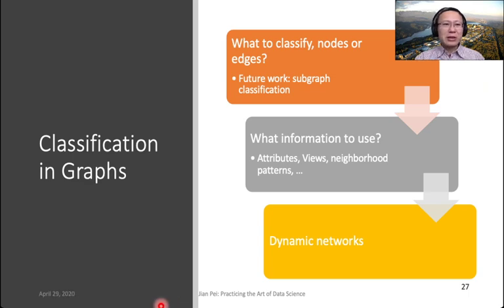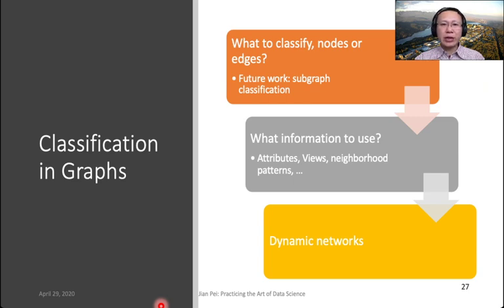Let me use classification in graphs as one example. Indeed, when we consider classification of graphs, we can have many possible options. What to classify? Do you want to classify nodes or do you want to classify edges? And indeed, one of the ongoing exciting works I'm doing is to classify subgraph structures. And then, what information to use?